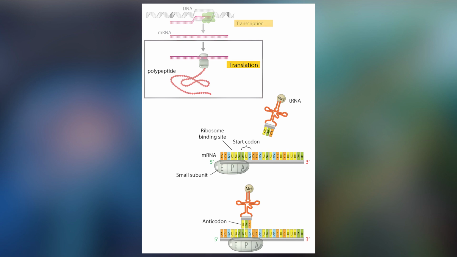Bonded to the start codon of the mRNA, I should say, is the initiator tRNA, which, like any tRNA, has an amino acid attached to the opposite side. The opposite side then is bonded to the start codon. And sitting around the tRNA is the large ribosomal subunit. Okay, so given that setup, we're now ready to begin the actual translation process.